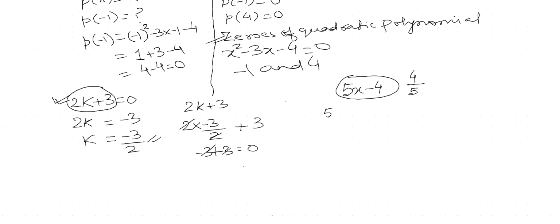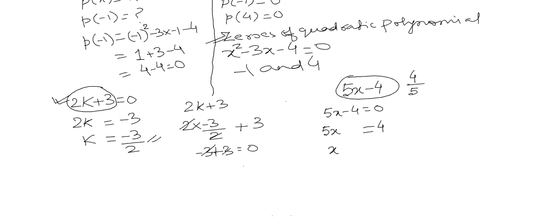5x minus 4 equals 0. Then what will you do? Next step, you have to shift -4 to the right side. What will it become? +4. Then next step, what is the relationship between 5 and x here?